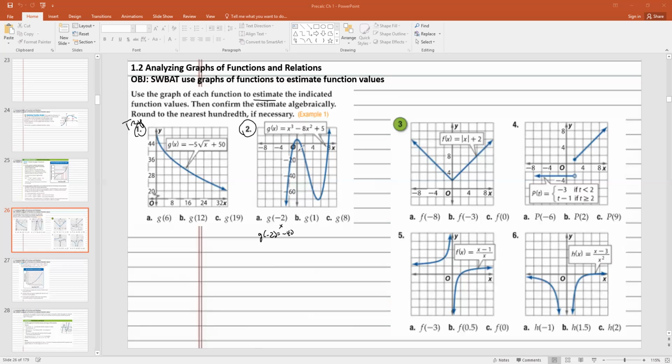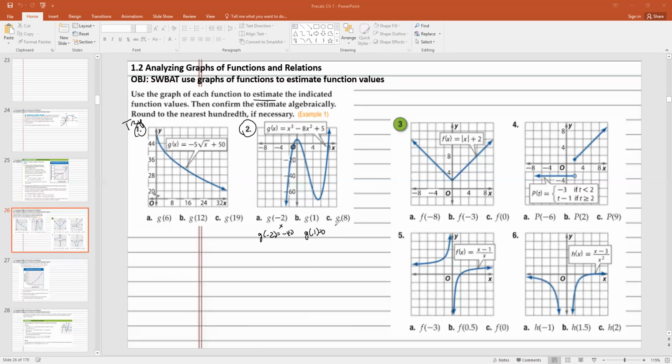And g of 1, go to the 1. 1 is in between 0 and 2, so it's going to be right there. And yeah, it looks like it's crossing the x-axis. I'm going to say that's 0. So g of 1 equals 0.